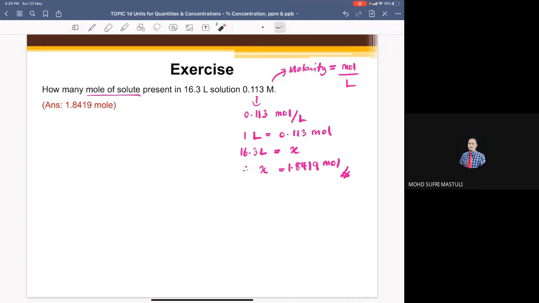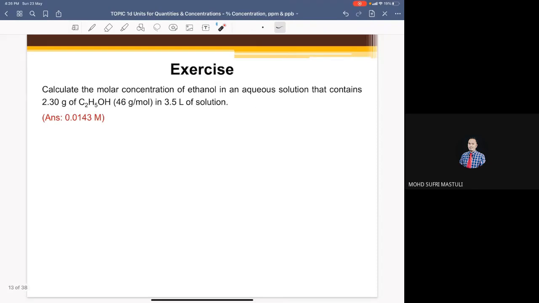You have to try. Okay, calculate the molar concentration of ethanol in aqueous solution that contains 2.3 gram of ethanol.